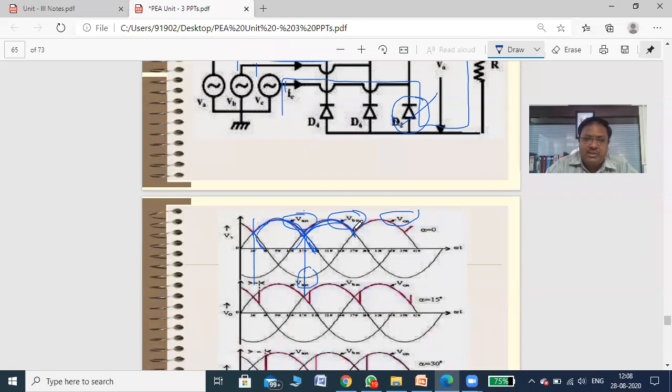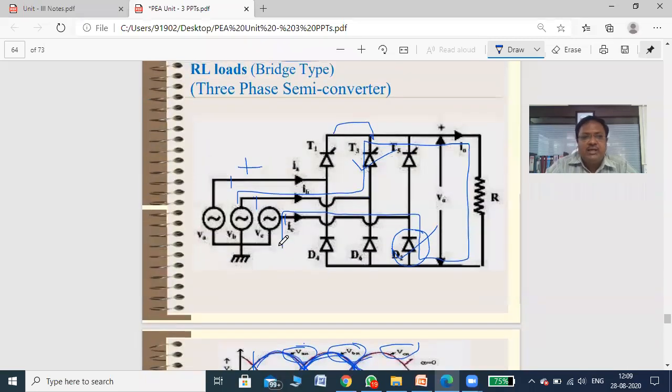Then again at this instant, 150 plus 120, that is 270. At 270, again what happens? The phase C is becoming more positive and phase B is becoming less positive. And at the same instant, phase A is most negative. At 270 degrees, the phase C is the most positive.